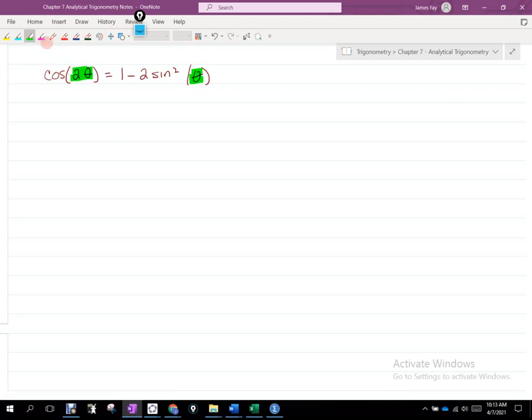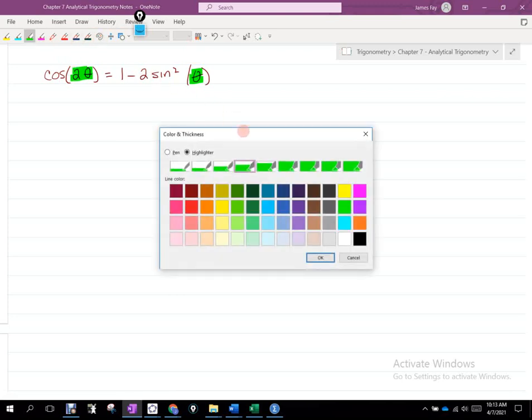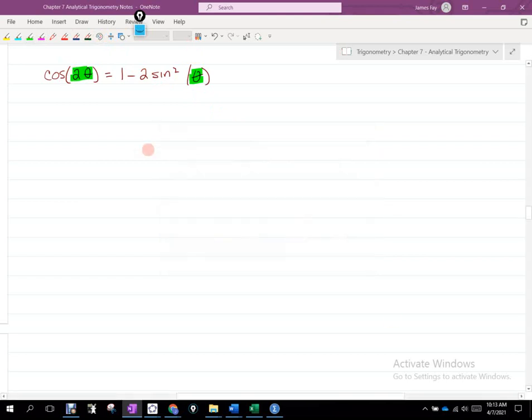So I'm going to state here, and this is perfectly fine to do, we're just going to redefine some terms. We're going to let theta equal u over 2, where u is just another angle. Okay?